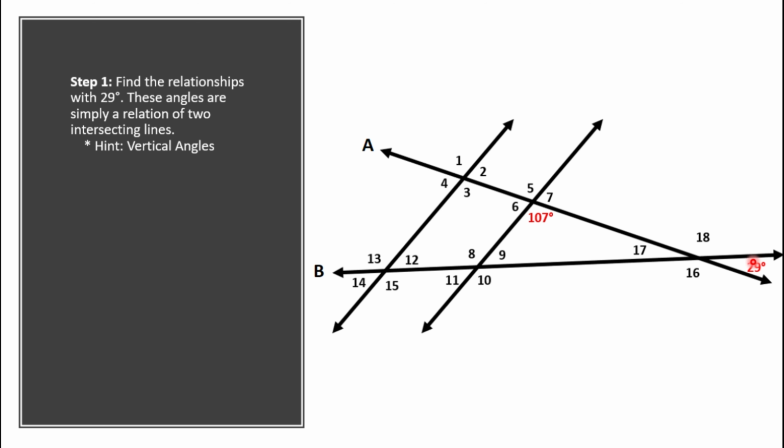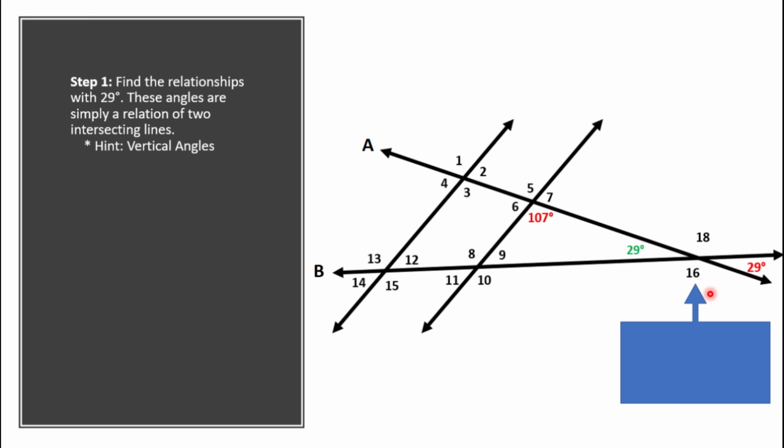So over here, angle 17 and 29 degrees are a vertical angle pair. So that means angle 17 is equal to 29 degrees. But that's not the only vertical angle pair existing. 18 and 16 are also vertical angle pairs.